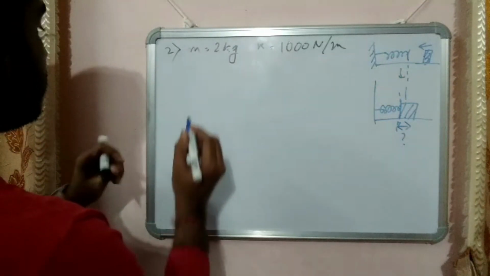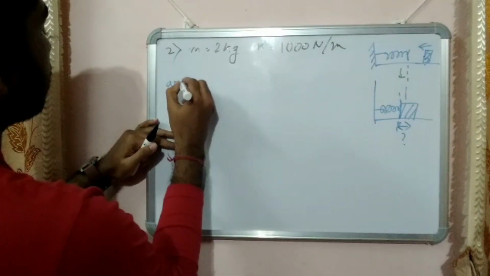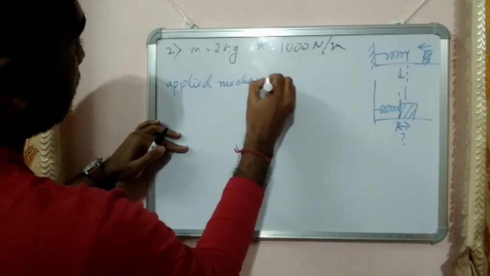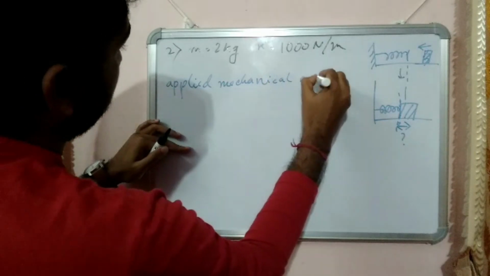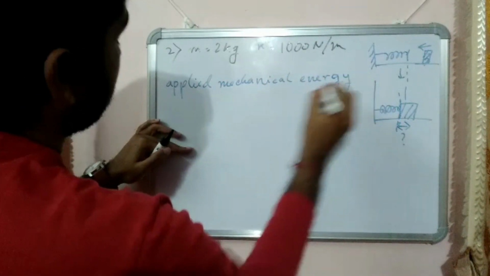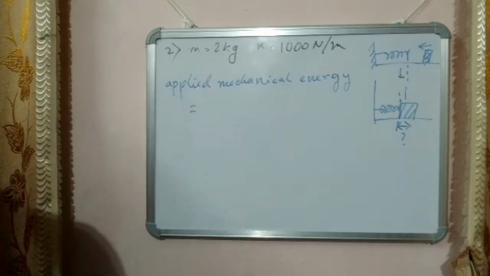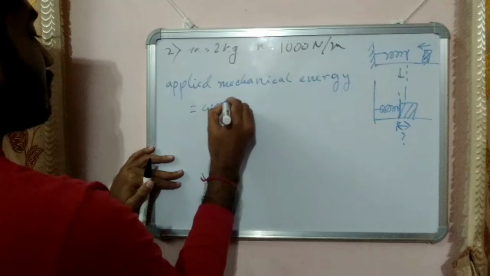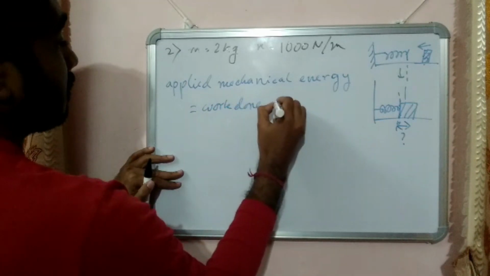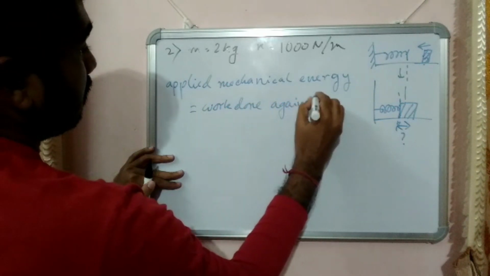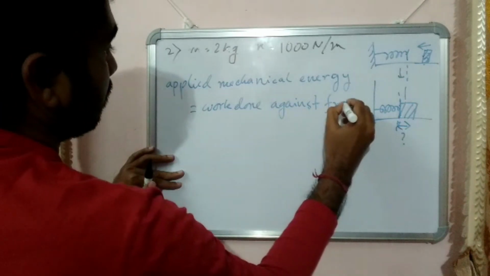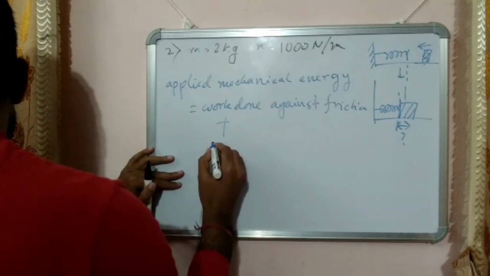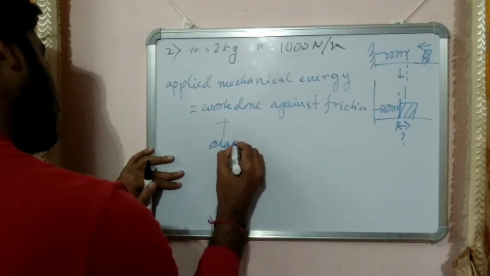So we know the applied mechanical energy is equal to the work done against the friction force plus the elastic potential energy.